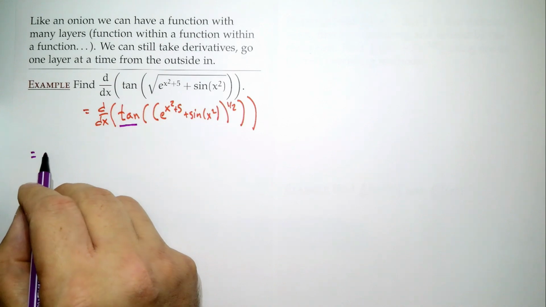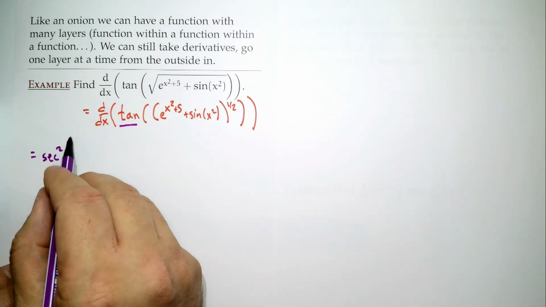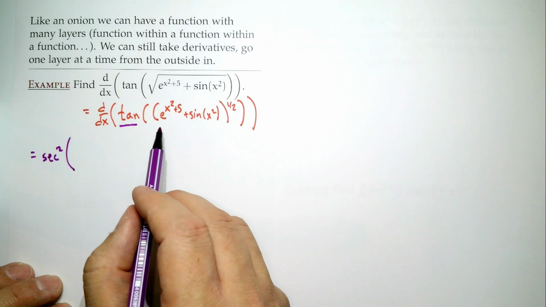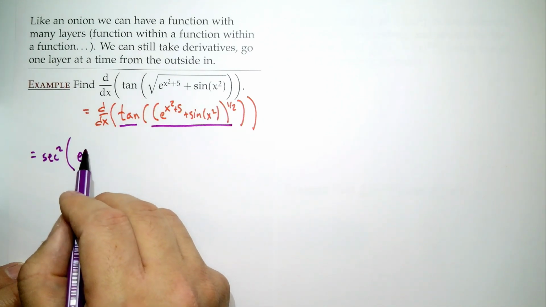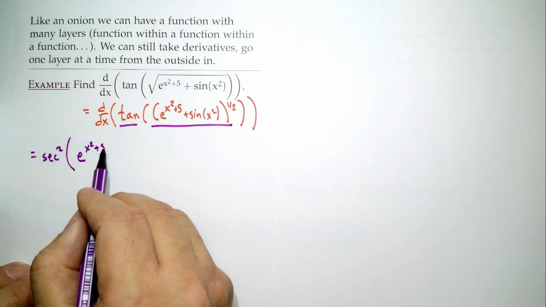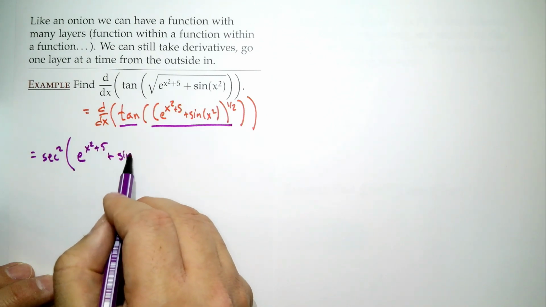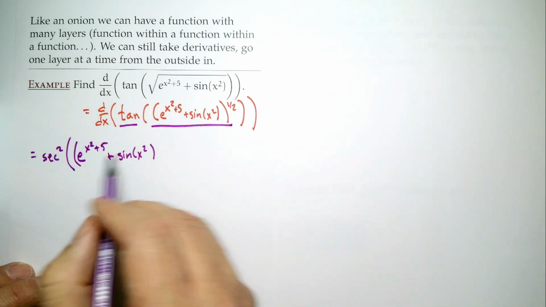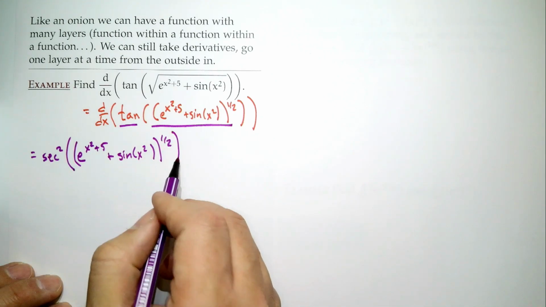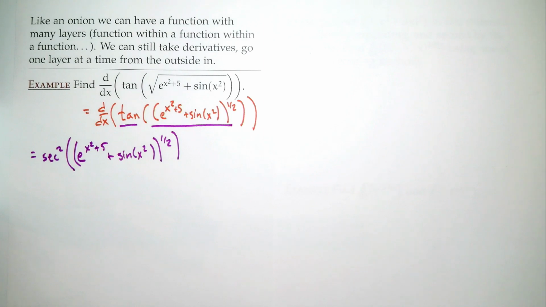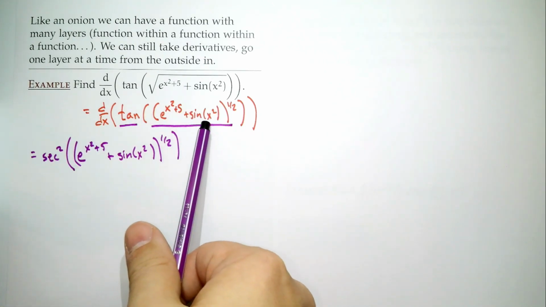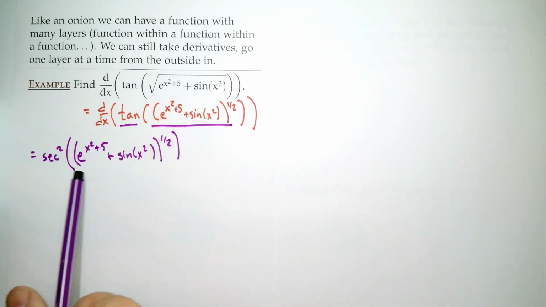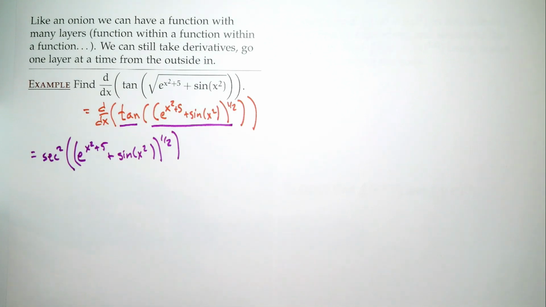So we start by saying, okay, it's secant squared of, and the next thing is cut and paste: e to the x squared plus 5 plus sine of x squared, all to the 1/2 power. We've written down f prime of g of x.